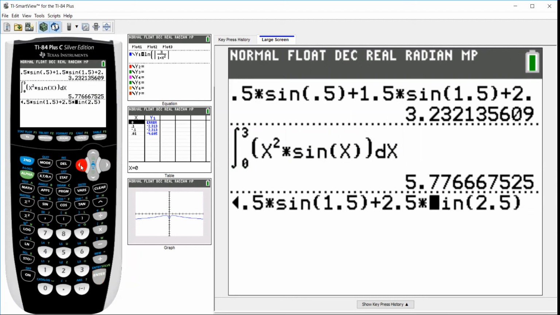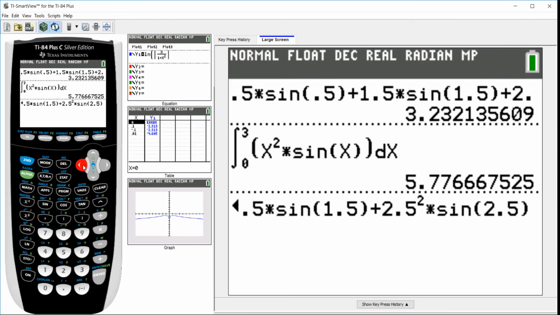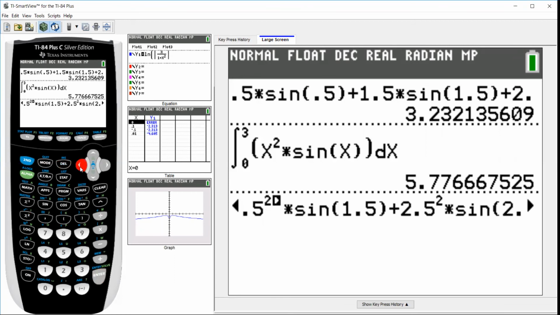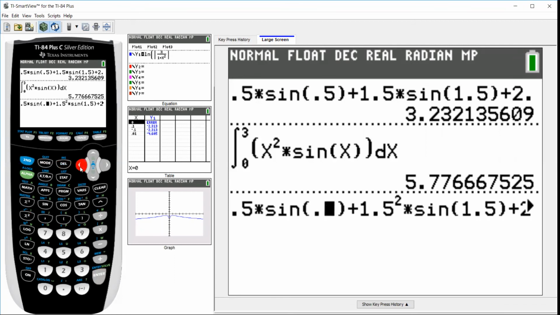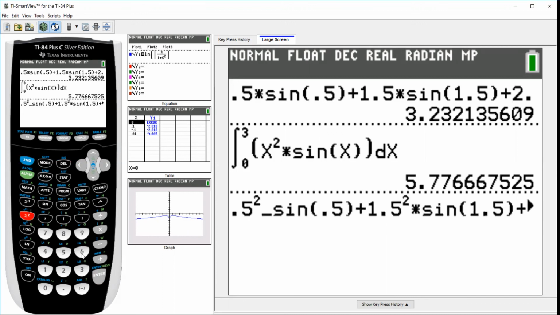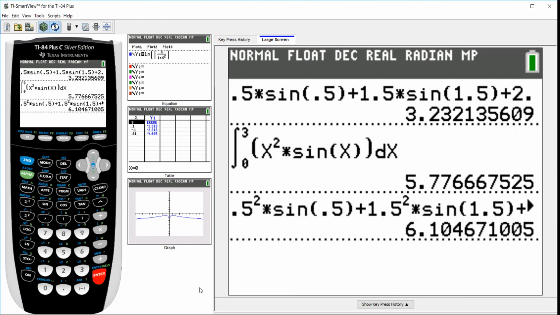It's nice that I actually figured it out this time. So 2.5, second, insert squared. Nice. 0.5 all the way over here, second, insert squared. And then second, insert squared, enter. 6.104, so let's go fix that.